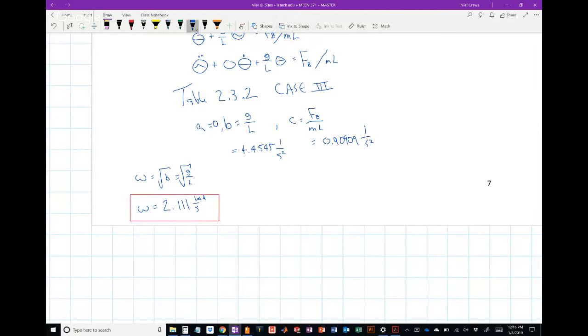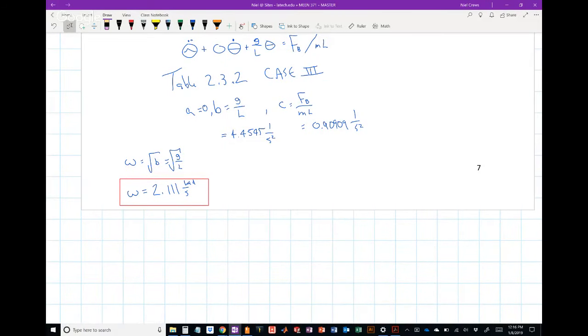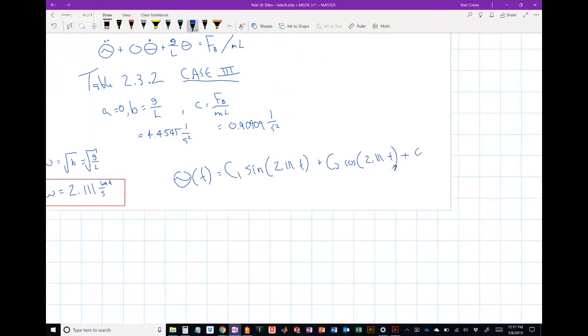It's something that you kind of get along the way that you have to solve, just like the other one for problem number 10. And so the equation here, again using case 3, theta of t is going to be C1 sine of 2.111 t plus C2 times the cosine of 2.111 t plus this C over B term, which is 0.2041.